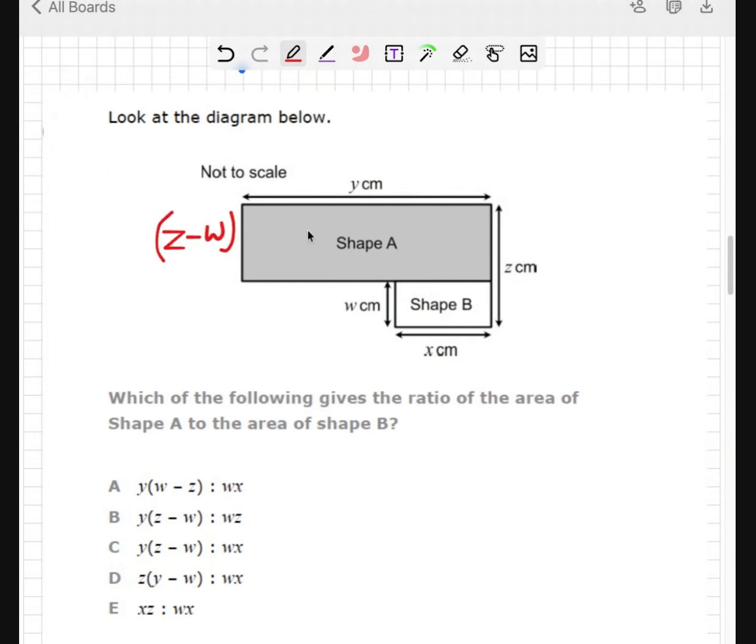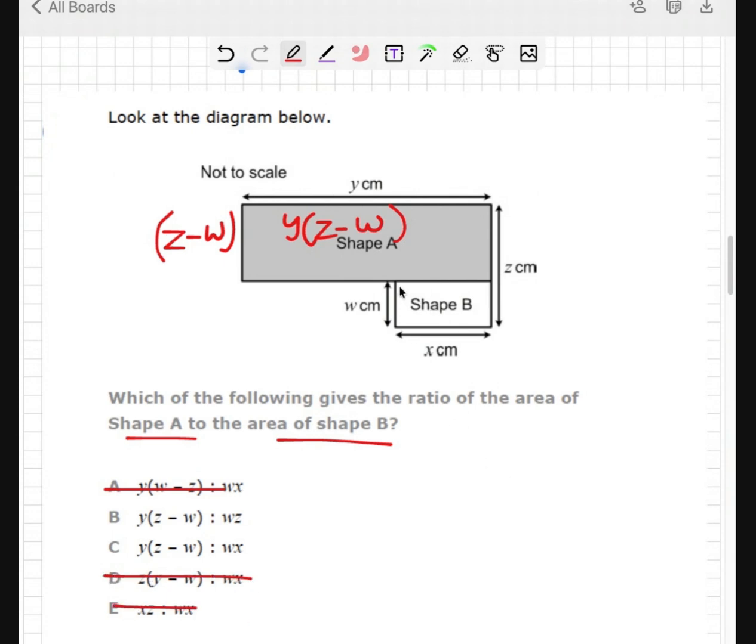That means the area of this shape should be Y multiplied by Z minus W. They want the ratio of the area of shape A to the area of shape B. The area of shape A is Y times Z minus W, which is not this option, and not this, so I can park those.